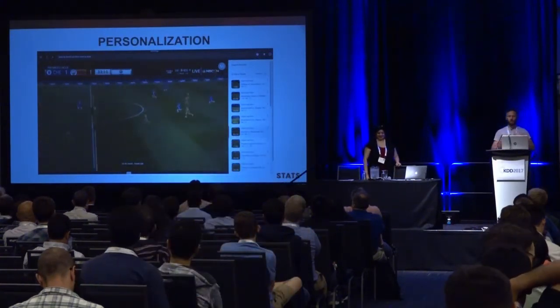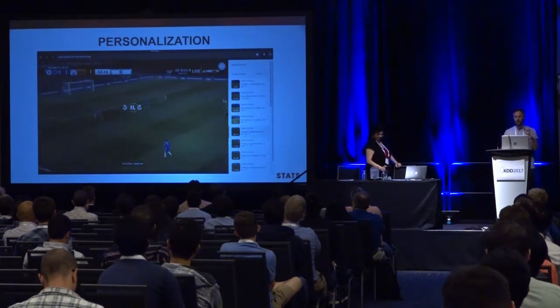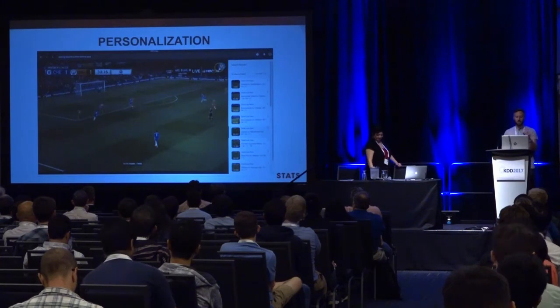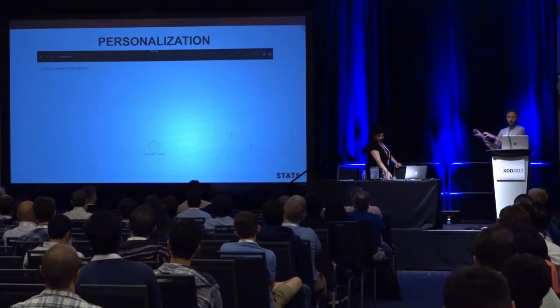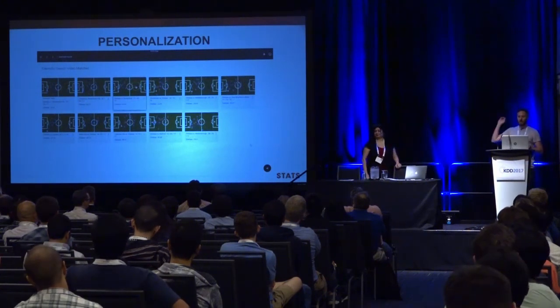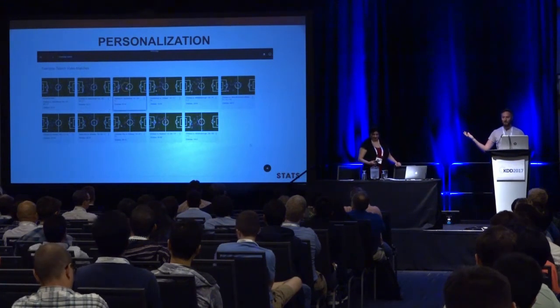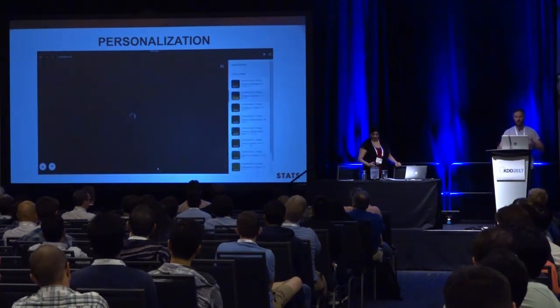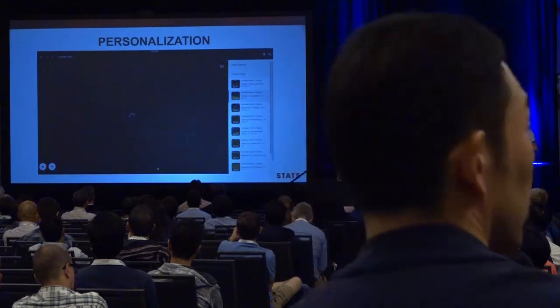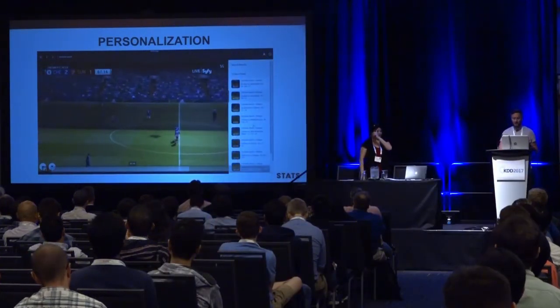Rather than us telling you that you've made a long pass, coaches don't want to know that. They want to define something for themselves. Because we learn the underlying structure, by the way we can do role alignment, they can say, this is how we play. This is the Mourinho switch play. We can automatically detect every time that's happened. You can click on it, give it your own label, and as a result, you can automatically update this for how many times that's happened.